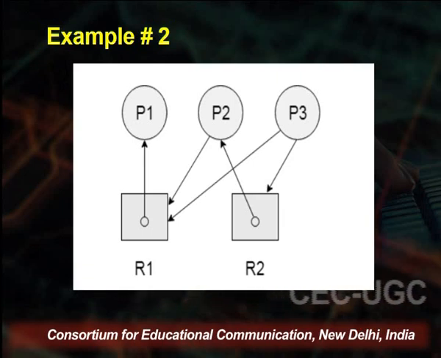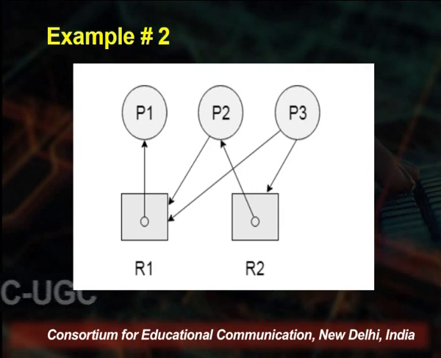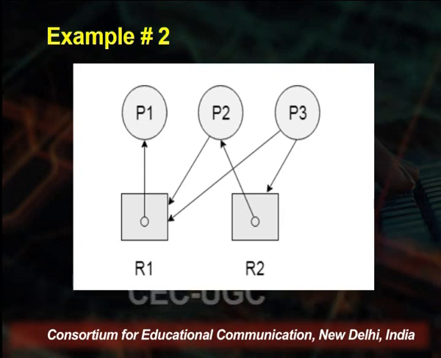Similarly, P3 also needs R1 and R2, so there is a request edge from P3 to R1 and also from P3 to R2, and the assignment edges are from R1 to P1 and R2 to P2. So this was a recap in a nutshell of the resource allocation graph.